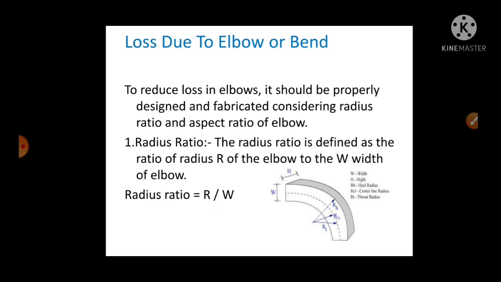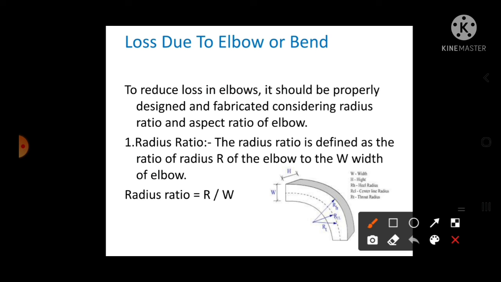The radius ratio is defined as the ratio of the radius r of the elbow to the width of the elbow, that is, radius ratio = r/w. The elbow with radius ratio 1.5 is considered to be standard. So 1.5 is considered standard and is generally preferred.